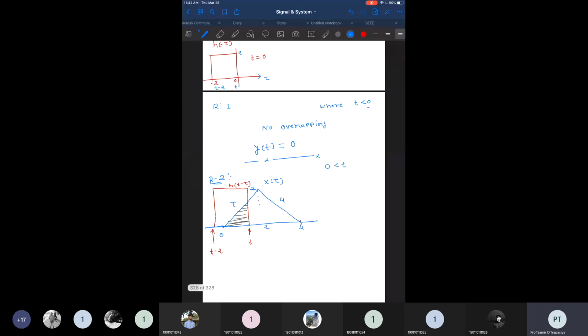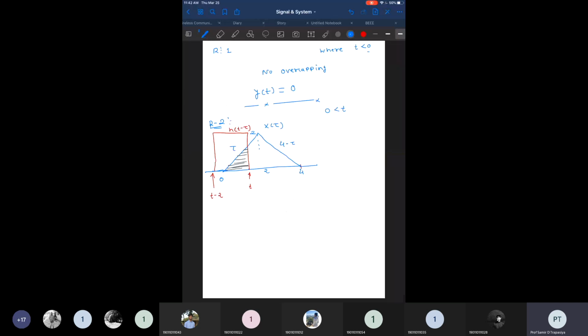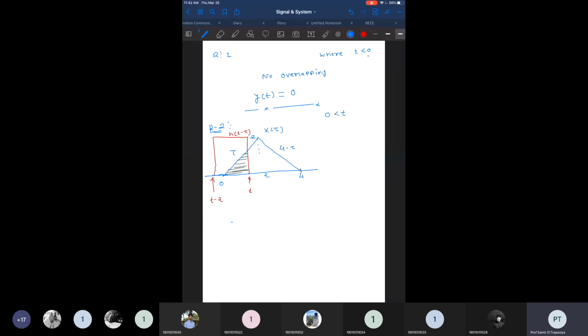If we find y of t, this overlapping region is bounded by the two points t and 0, so the upper bound is t and the lower bound is 0. This integration limit is also bounded by these two points of the shaded region, that is 0 and t, and the function inside the integration is x of tau into h of t minus tau d tau.